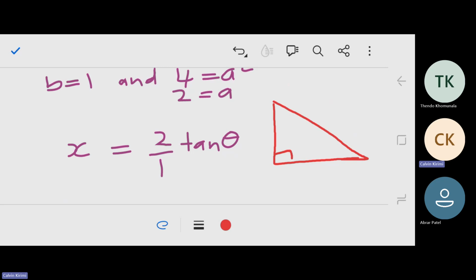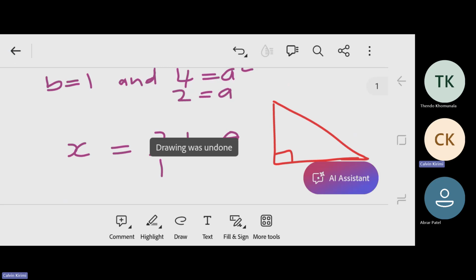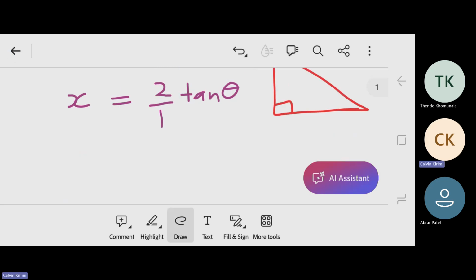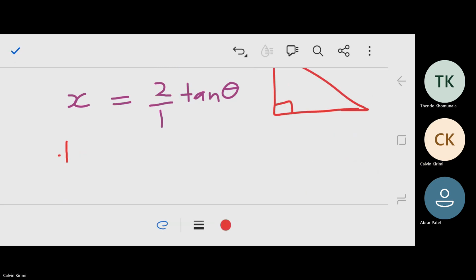Then we put our right angle. Tan theta means opposite over adjacent. We want to know what tan theta is equal to, because that is x. So tan theta is equal to x over 2.